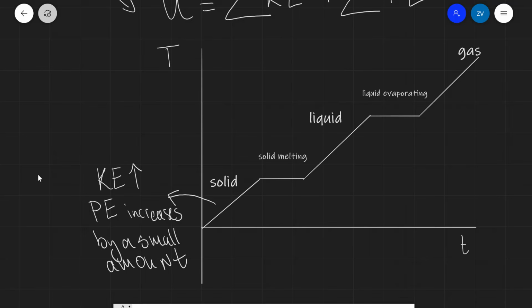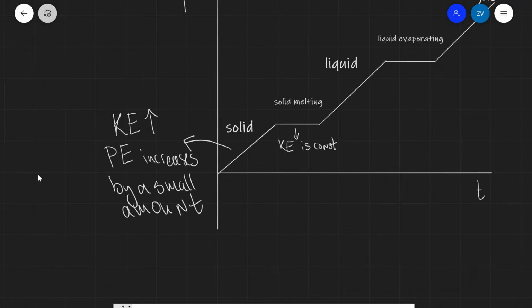So if the temperature is constant in this region over here, the kinetic energy is constant. And all of that energy goes into breaking those molecular bonds and pushing the particles a little bit further apart and breaking them out of their fixed position. So at this stage, the potential energy is increasing.